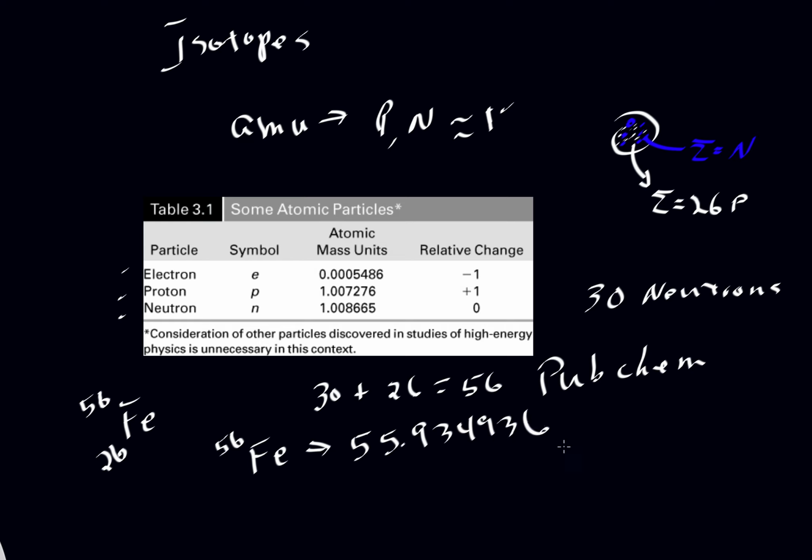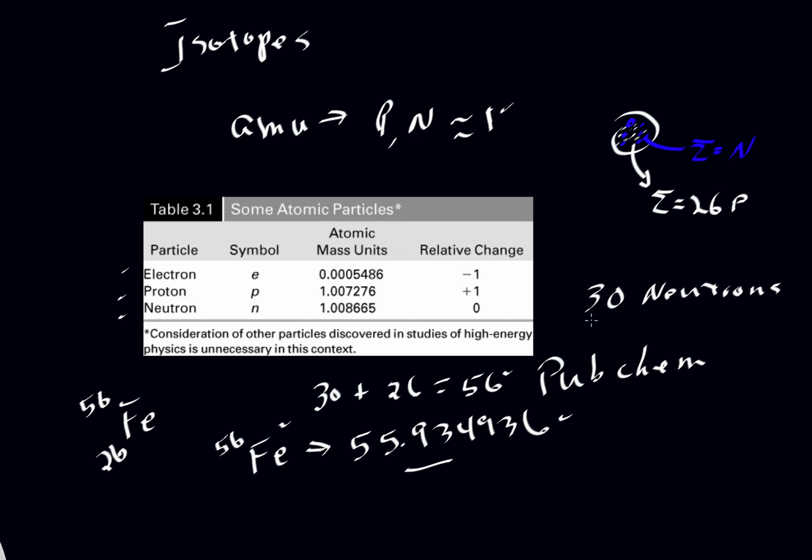This has nothing to do with natural abundances of iron. This is the measured weight of iron 56. It's not exactly 56. Notice that it's a little bit less than what we would get by adding protons and neutrons. In fact, this number is even a little bit low if we take these numbers at face value because they're both greater than 1. So how do we get something that is less than 1?